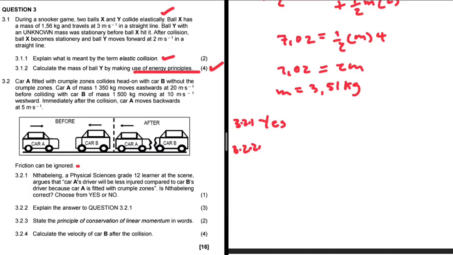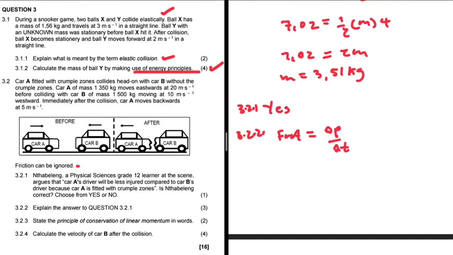So what does a crumple zone do in a car? Well, let's start here. We know that F net is equal to delta P over delta T, Newton's second law in terms of momentum. So a crumple zone increases the contact time, right? The time of collision. So as delta T increases, it is easy to see that F net will decrease, right?